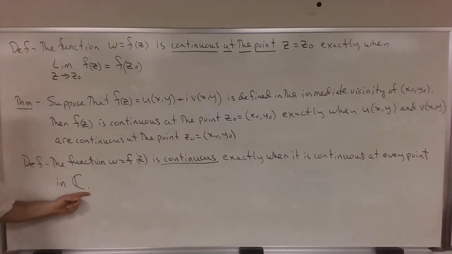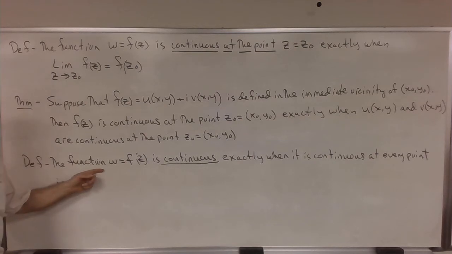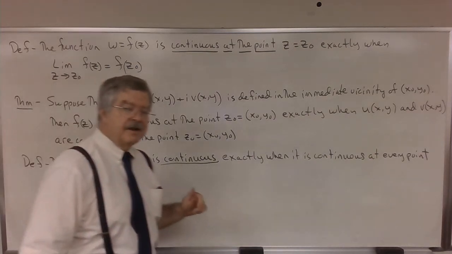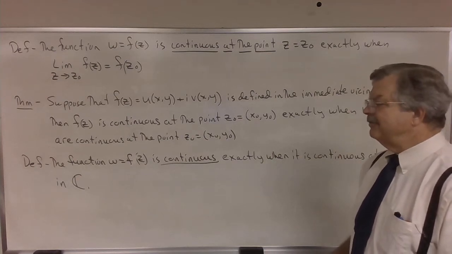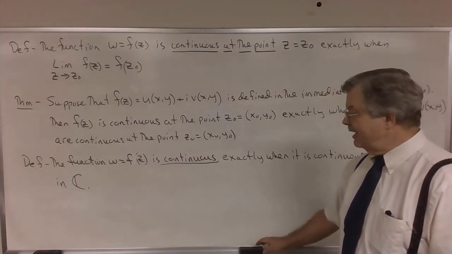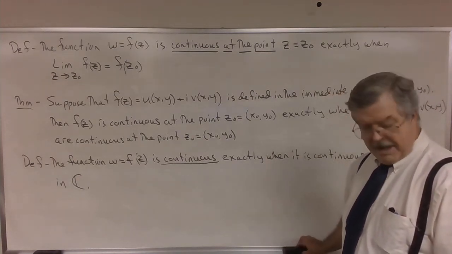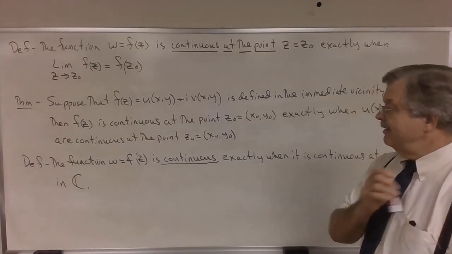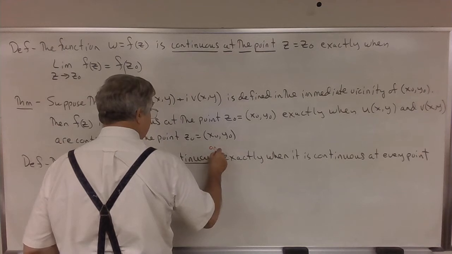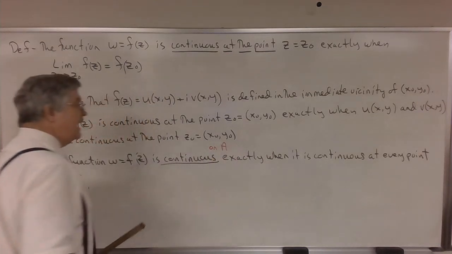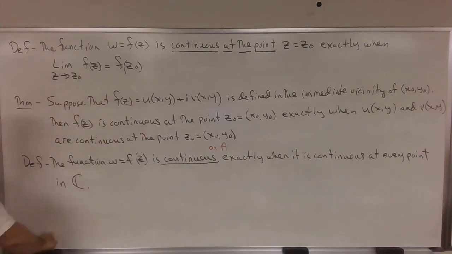And if we want, we can restrict this definition to a particular subset of the complex numbers. Let's say the set A is a subset of the complex numbers, and we can say that the function f of z is continuous on the set A exactly when it's continuous at every point in the set A.